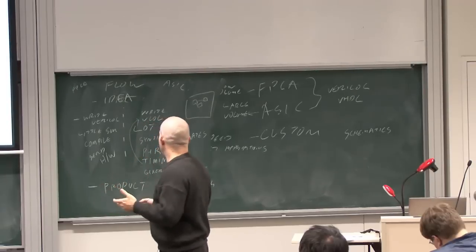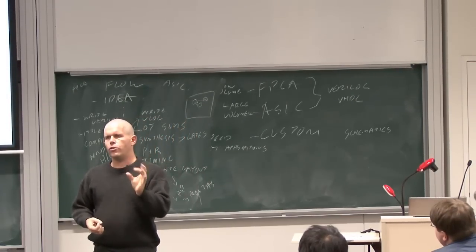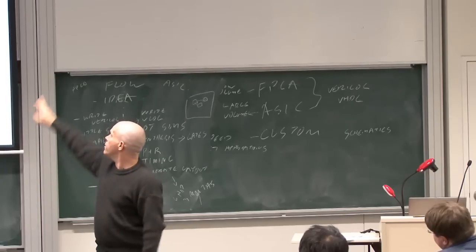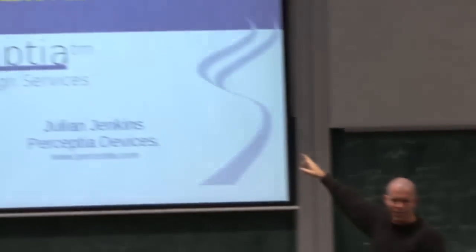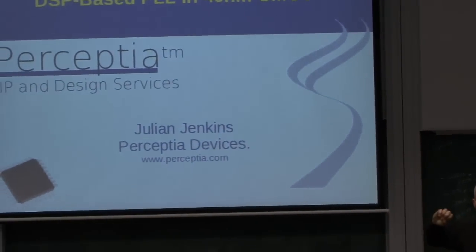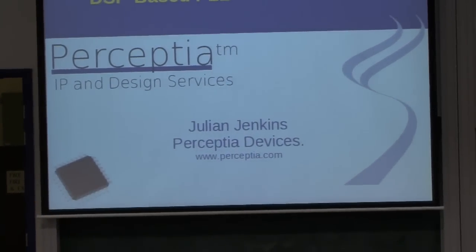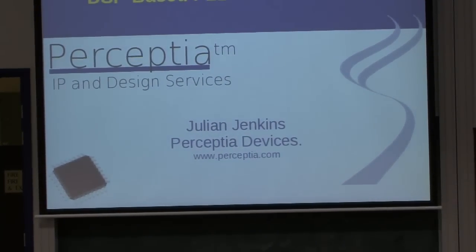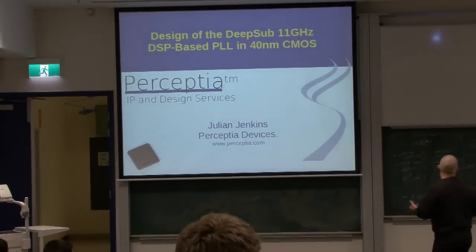Basically, the smallest feature you can build on these technologies, we just publish as one number. So in this case, 40 nanometers. If you've done electronics courses, you know about FETs, MOSFETs.